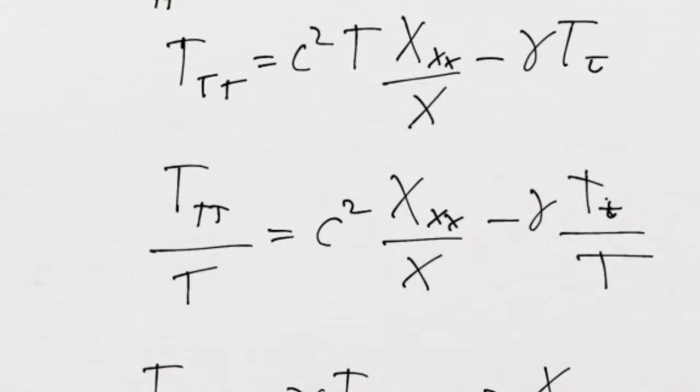how do we punch this out? Then I think we're going to say c squared x'' plus lambda squared x equals 0, right?